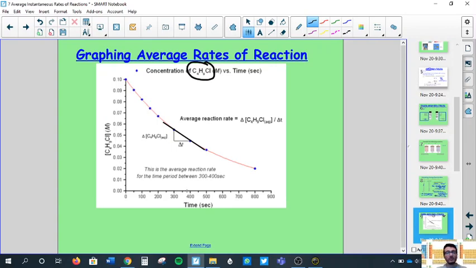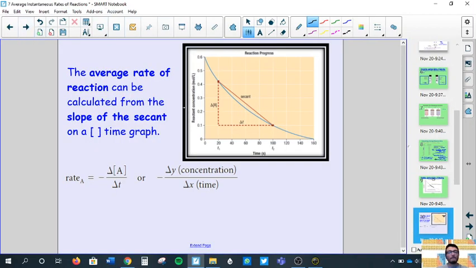Between two different points, roughly 300 and 500, if we draw a line to connect those points, what we're really looking at is a change in y over change in x, which is slope. So that is an average rate of change between 2 points.